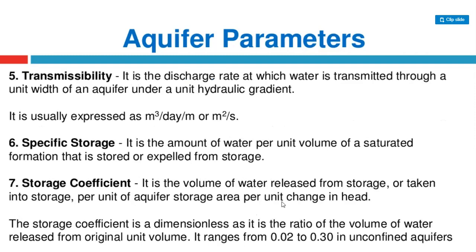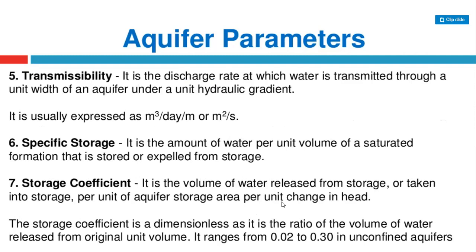Transmissibility. It is the discharge rate at which water is transmitted through a unit width of an aquifer under a unit hydraulic gradient. It is usually expressed as meters cubed per day per meter or meter squared per second. Specific storage.